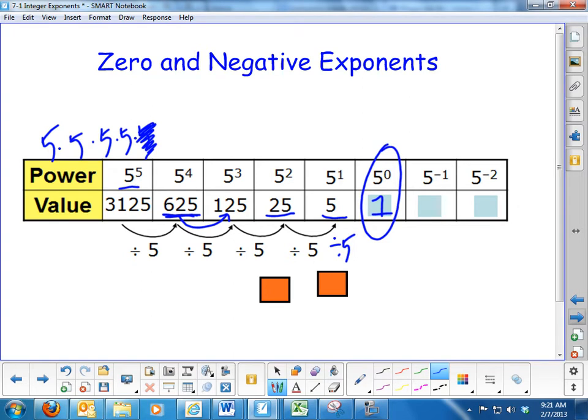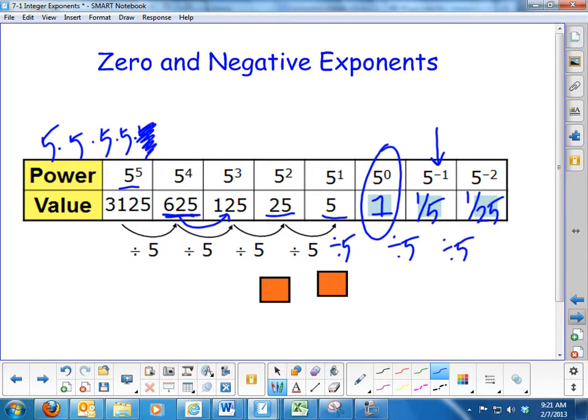Now if I go down from 0, I'm at negative 1. So now my exponent is a negative 1. Well, follow the exact same trend we've been doing. I'm going to divide 1 by 5, and we now have a fraction, 1/5. Now I'm going to take that previous answer, divide by 5, and I'm going to get 1 over 25.